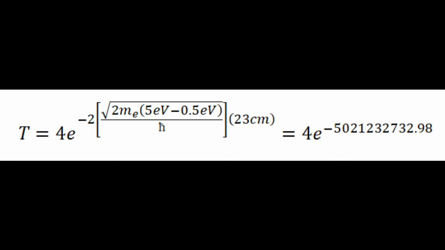Now remember that the electron has to tunnel through the entirety of the 23 centimeter length. With such a massive scale, the probability is almost zero, but note that it is actually still probable. To get an idea of the scale we're at, I tried to convert this value into an ordinary number to see how many decimal places you'd need.